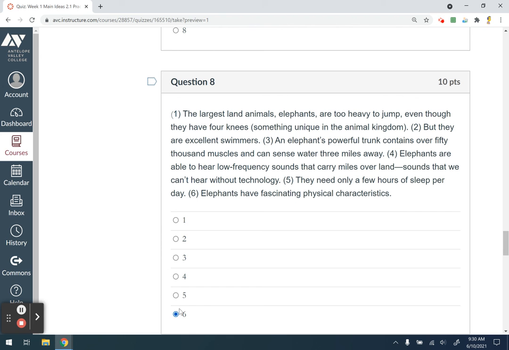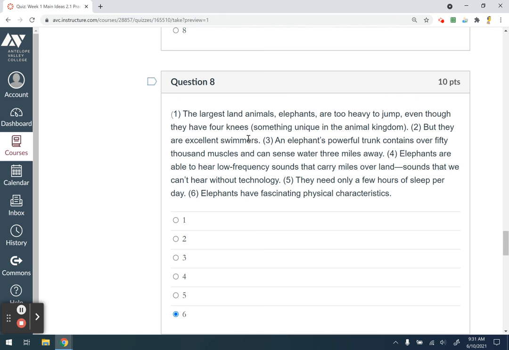Question 6 would be your main idea. Because as you're going through, they're listing off these details, and that is what you will find. Sometimes there'll be a list, or a cause and effect, or a chronological order. And so you have to ask yourself, well, I know the topic or the subject is going to be, in this case, elephants.